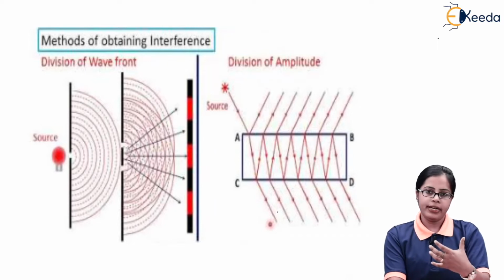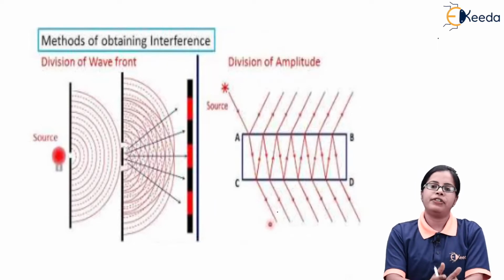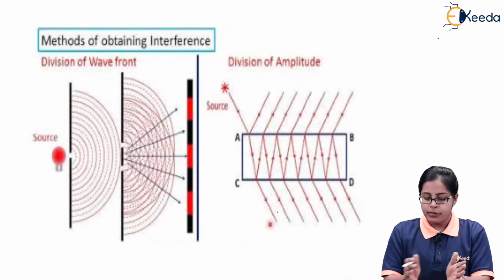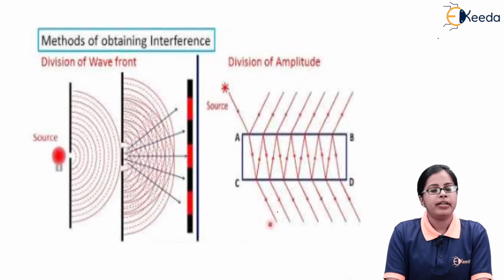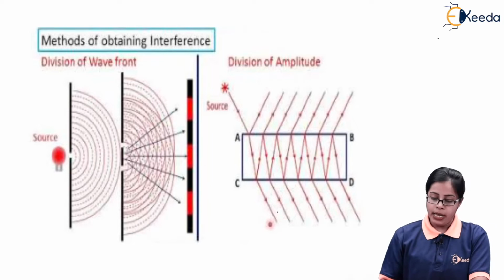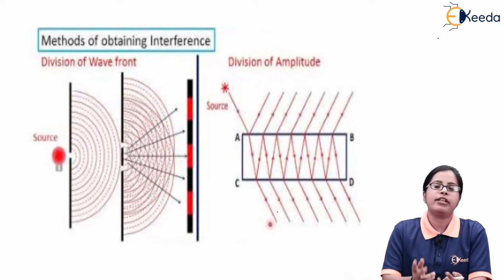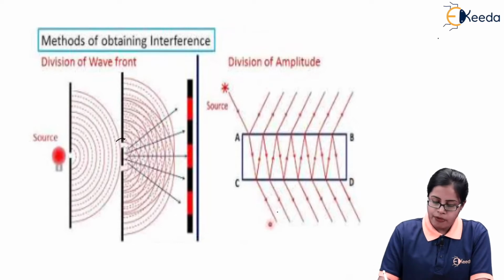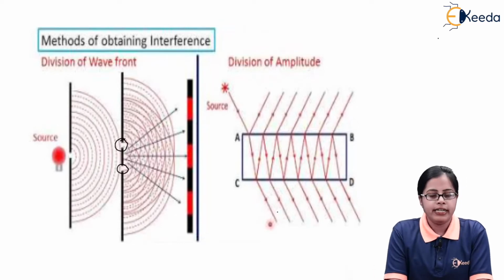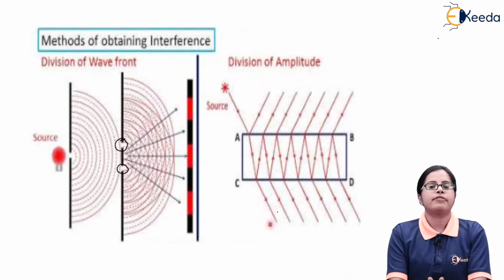Now, if you want to get interference with the help of division of wavefront, we have to situate a single source of light which is going to be divided into two coherent sources in the form of narrow slits. So, to divide a single source into two or more sources, we can make use of narrow slits.